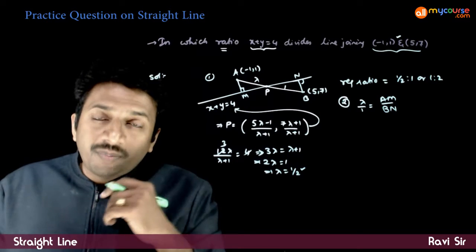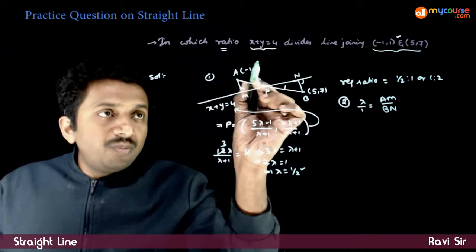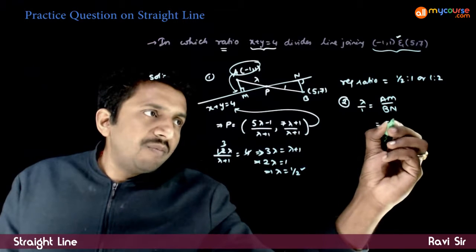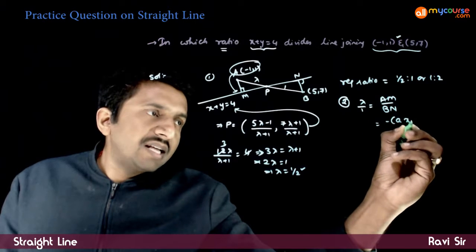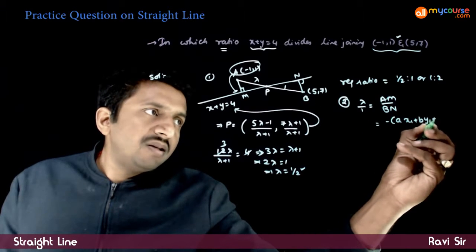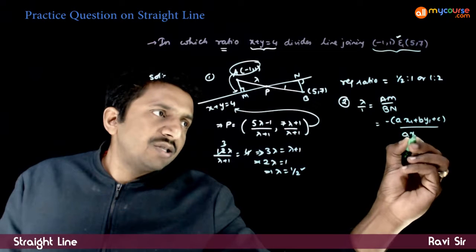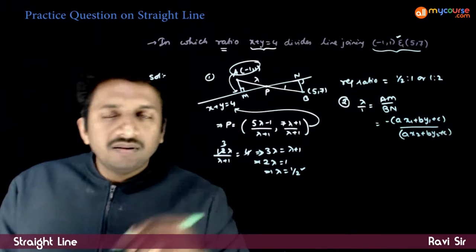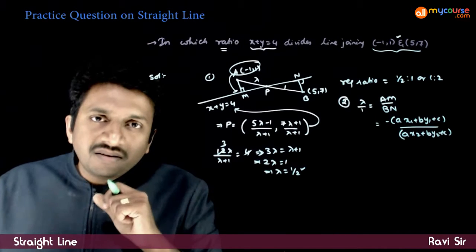So what is the formula for perpendicular distance? You just need to put this point on this line. That is equal to minus of (AX1 plus BY1 plus C) by (AX2 plus BY2 plus C). So why am I including a minus here?